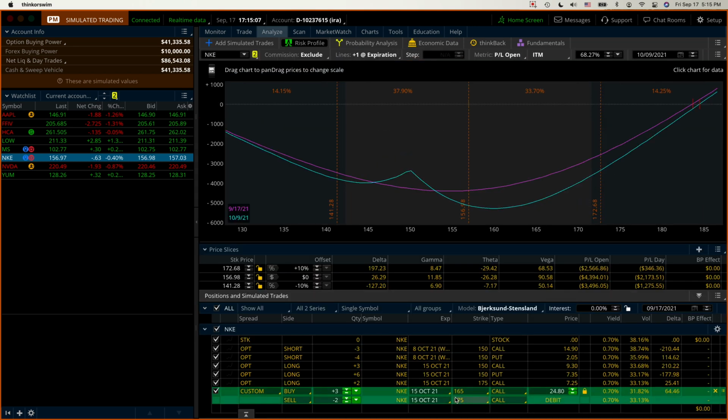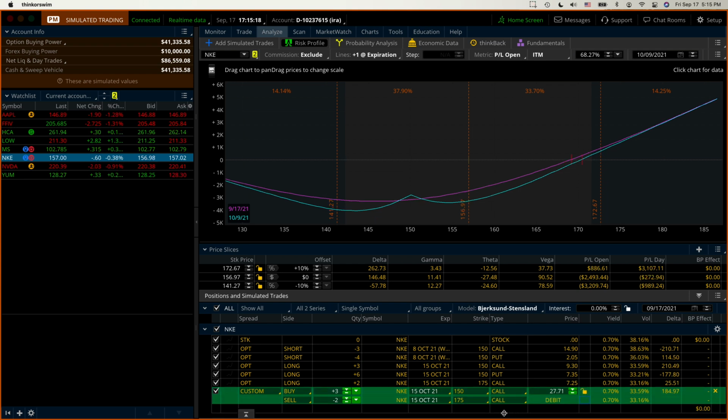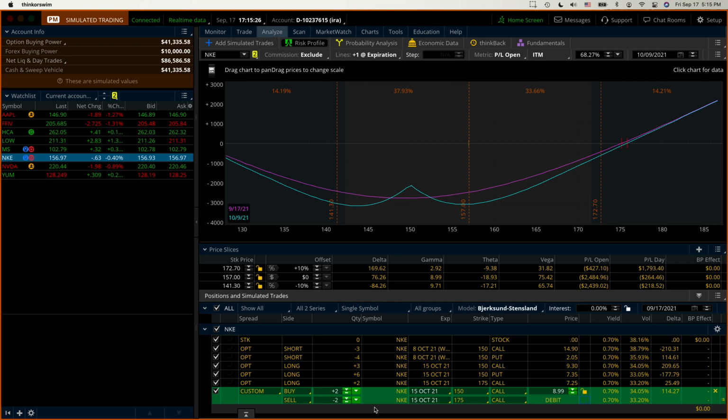So you can buy back the 165 or the 150 calls. Okay, and what we're doing is taking back our credit. That seems like too much money to pay for this. If I did this, I think it's too bullish.